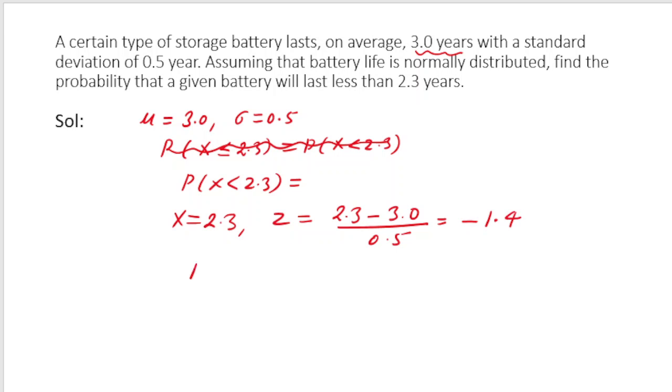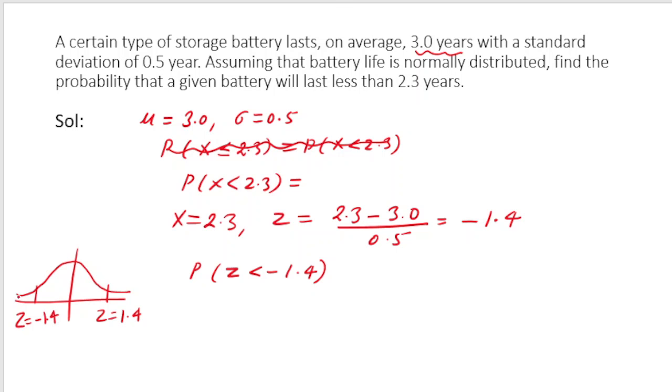So we have to calculate probability for z less than minus 1.4. Again, the normal distribution curve, always keep in mind, in case you are in trouble, it is always better to draw it. So suppose I say this is z is equal to 1.4, and this is z is equal to minus 1.4. So which area do we have to calculate?